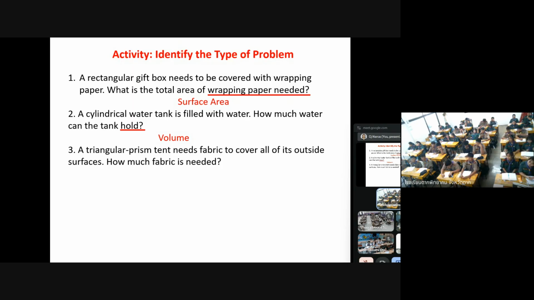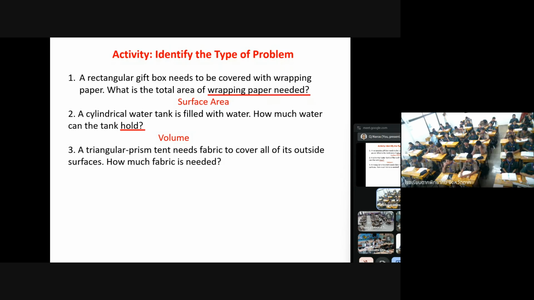Okay, repeat after me. A triangular prism tent needs fabric to cover all of its outside surfaces. How much fabric is needed? Now, what is this?